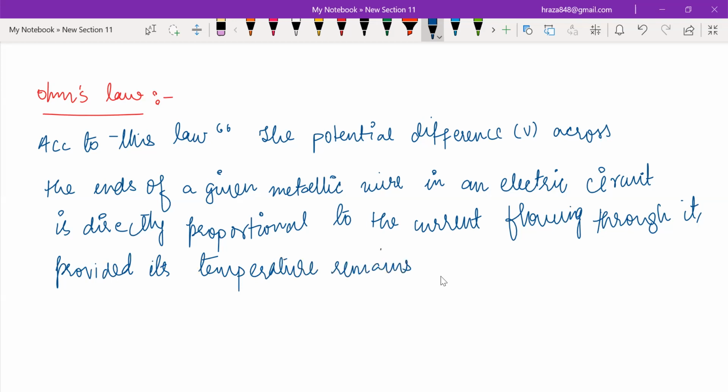That means temperature should be constant. First you write it, then I'll explain. Done.